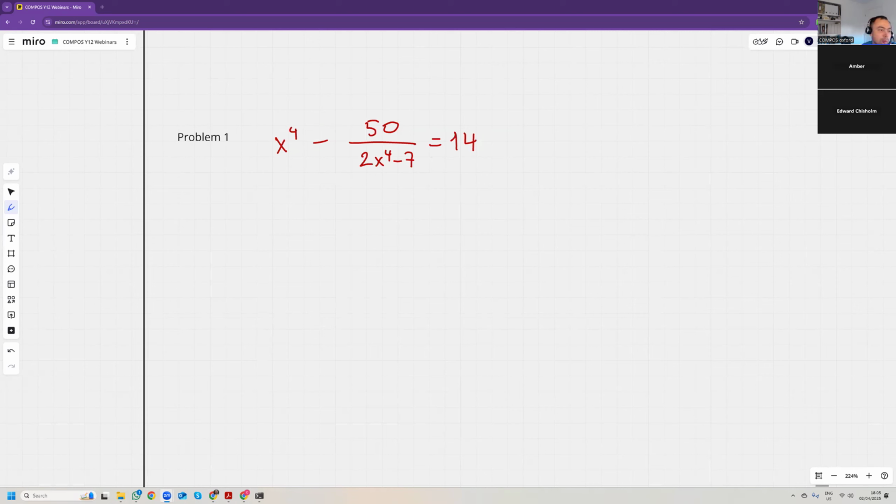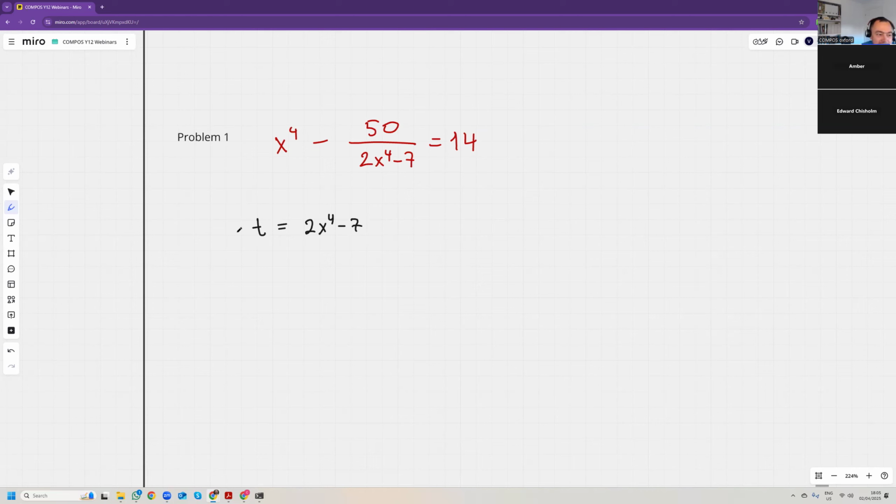Let x to the power 4 be y. That's a good idea, and you certainly get an easier equation. As a matter of fact, you can make it even simpler. I like t more, so let t equal 2x to the power 4 minus 7.